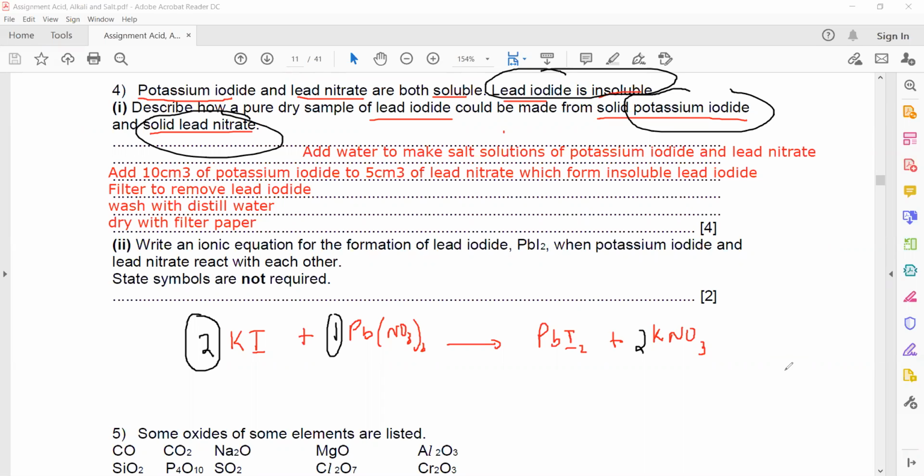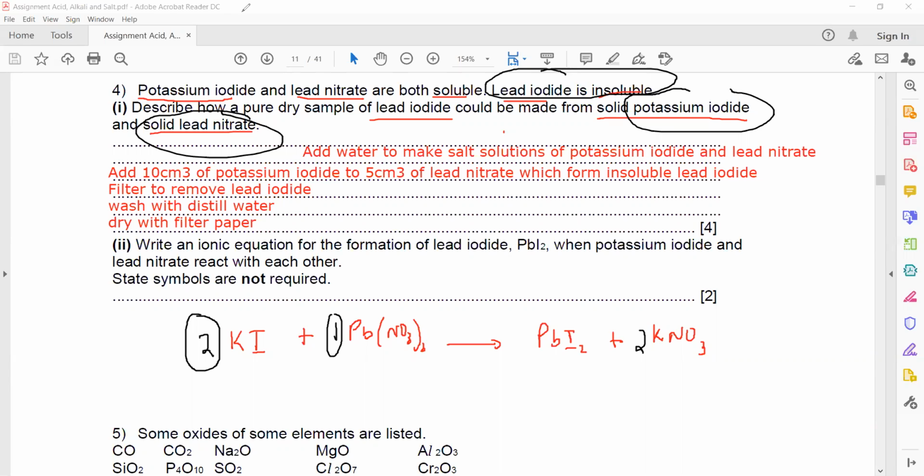You can use tissue paper, you can also use filter paper. So an insoluble salt is always made by mixing the two salt solutions.